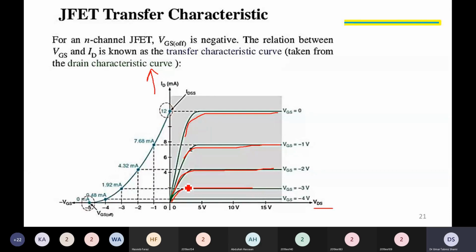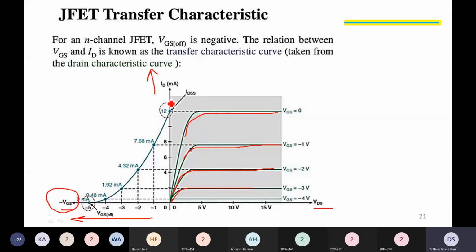Then on the left hand side, on the negative x-axis there is the voltage VGS, and on the y-axis there is still current ID. So this shows that as we decrease the voltage between gate and source from 0, -1, -2, -3, -4, -5, how the drain current changes.